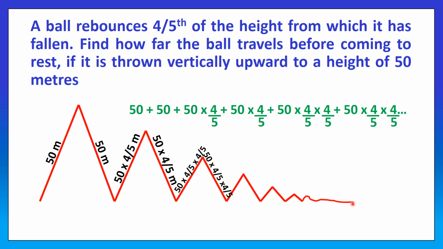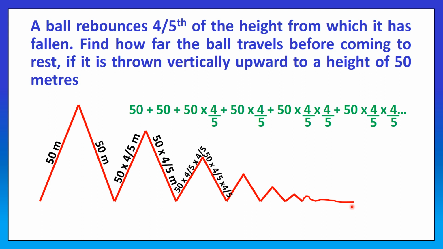So we are asked to find the total distance travelled by the ball. Here this is an infinite GP, as we cannot count how many times the ball has rebounced until it has come to rest.